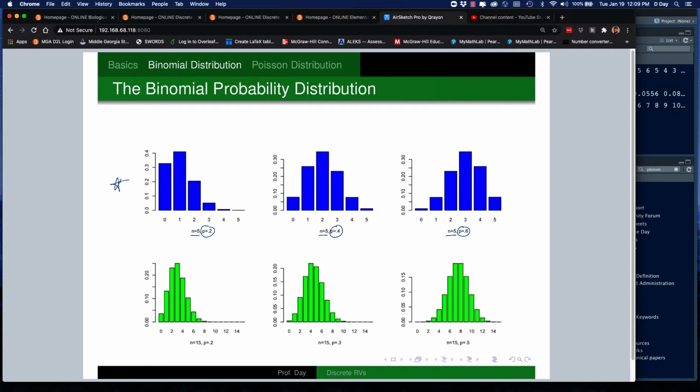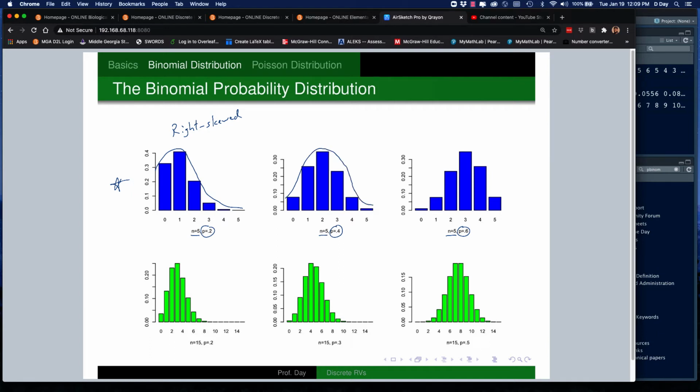Notice what happens to the bars in the graph and how they shift based on that probability. With this smaller probability of 0.2, we get what we call a right skewed distribution. These are good terms to know when you're trying to describe histograms or bar plots in projects. This looks right skewed because the longer tail is on the right and the higher bars are on the left. The one in the middle is shifted a little bit.